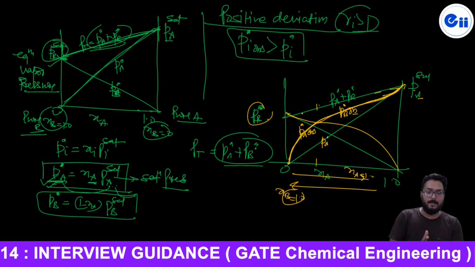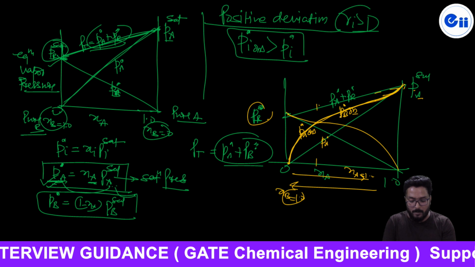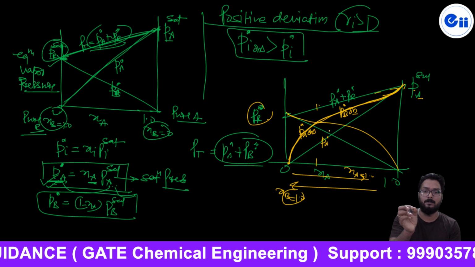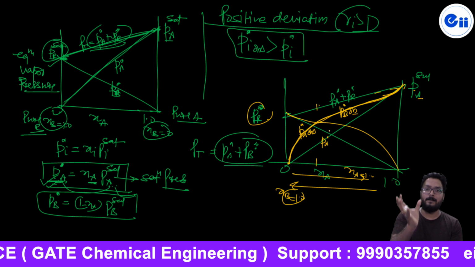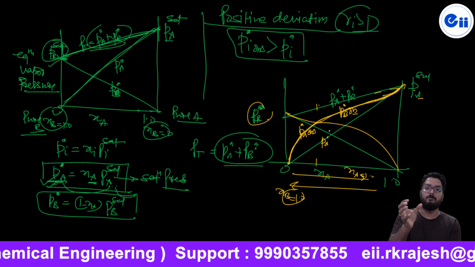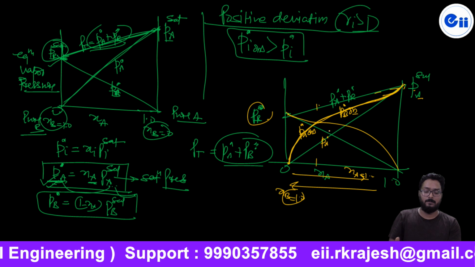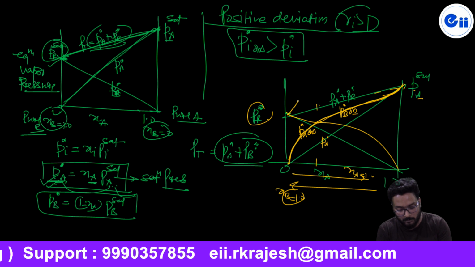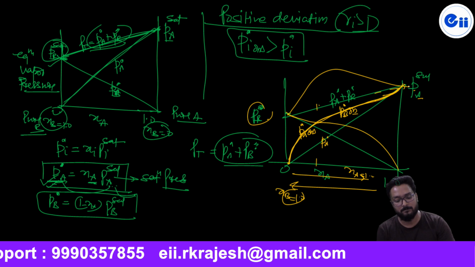It is observed that if you add PA observed plus PB observed, it is found that at some certain composition of the mixture, the total observed equilibrium vapor pressure is more than that of the ideal, and at some certain composition, it is maximum. It means if you are going to draw, we are going to observe it like that.